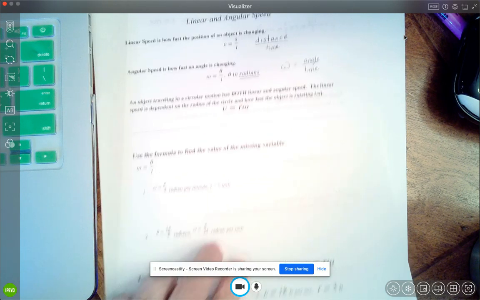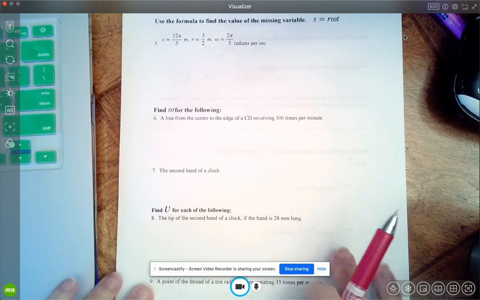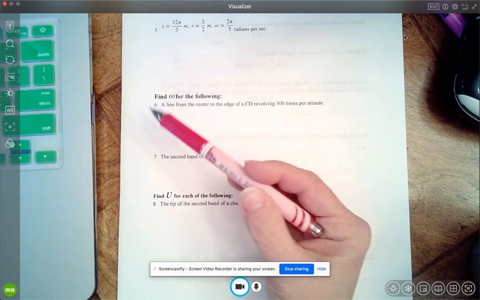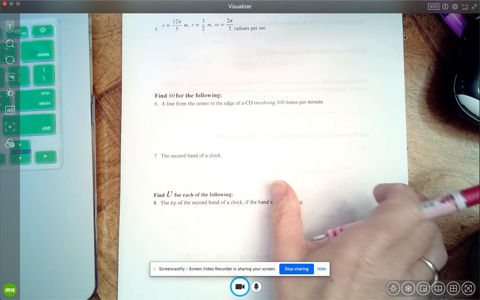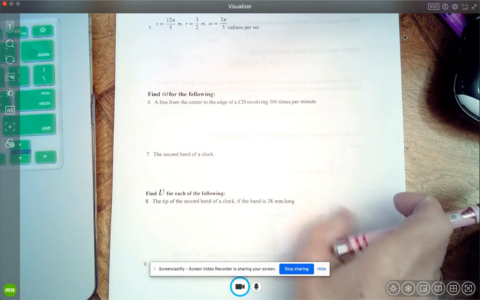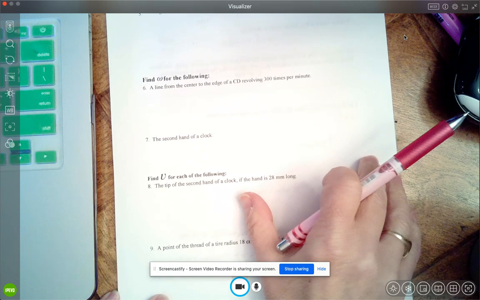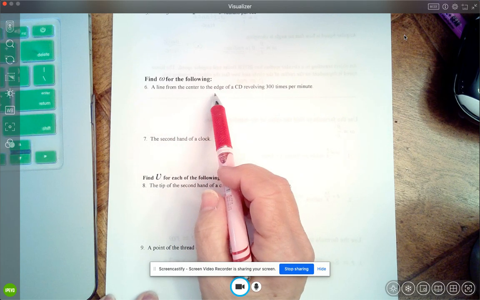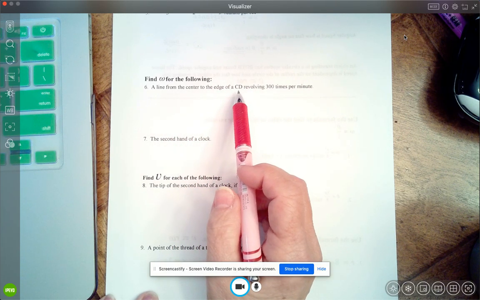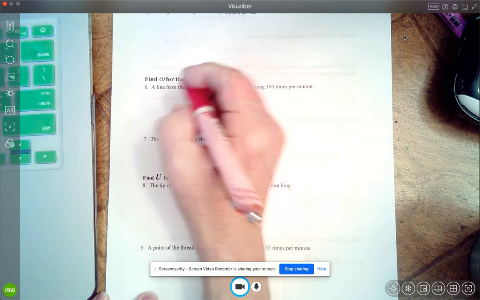These are your exercises. I'm going to move over here to the back to do 6, 7, 8, and 9. I'm going to do most of these because they're going to be like your portfolio assignment this week. I want to show how to do this. We have a line from the center to the edge of a CD, and it is revolving 300 times per minute.